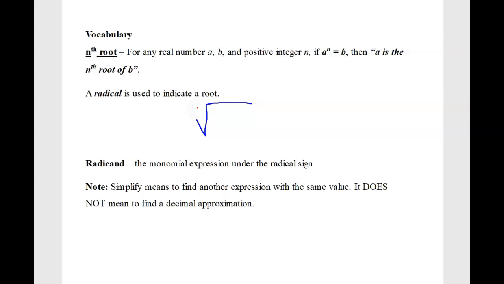To make it the nth root, we treat it like there is a letter n there. So in a cube root, which I'm sure you've heard before, that n is equal to 3. In a square root, that n is equal to 2, hence square. A fourth root, the n would be equal to 4.